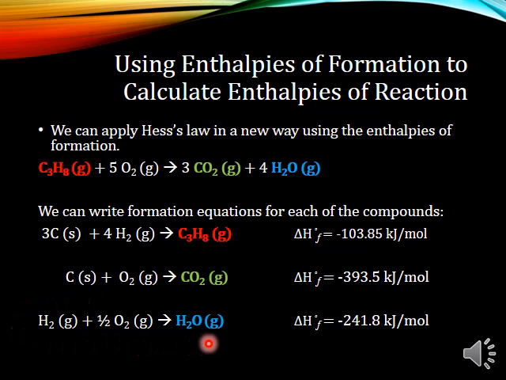And then for the water, we would multiply the water by 4, and then we would multiply our delta H by 4. And then after that, we would use that idea to help add up these reactions and find our delta H for the reaction at the top.